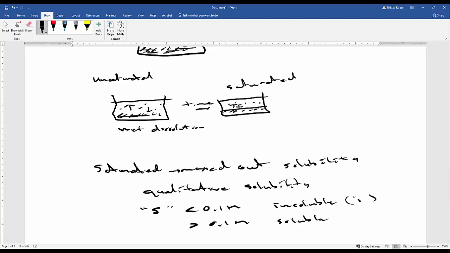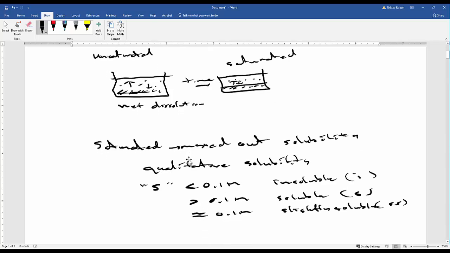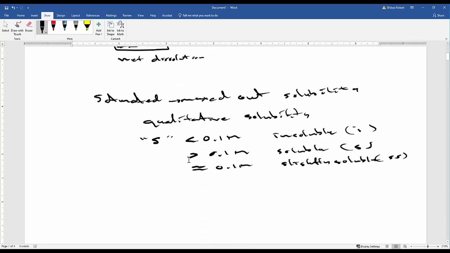There's going to be some overlap with these terms. If the solubility is about 0.1 molar, then we call it slightly soluble, and we use the term SS. These are qualitative solubilities, which we use for solubility rules. That's one of the major applications. Is it fairly soluble, fairly insoluble, or slightly soluble?